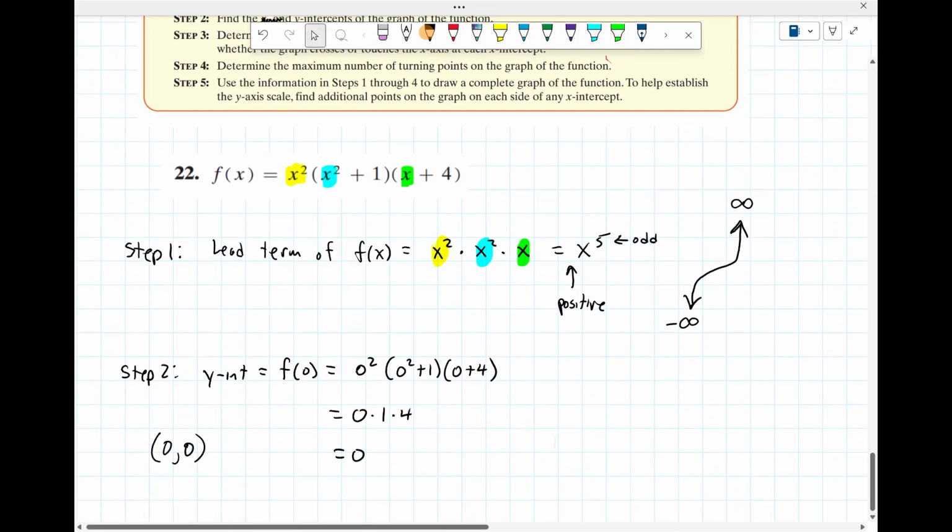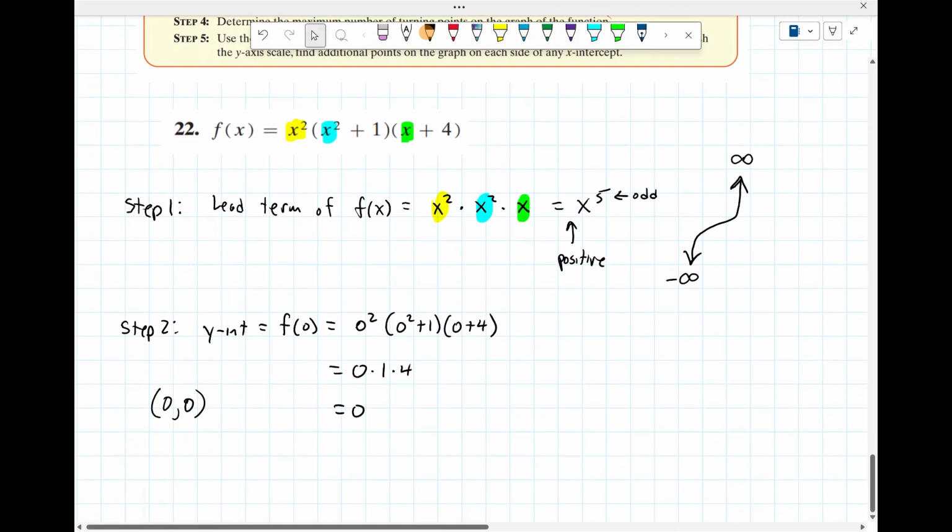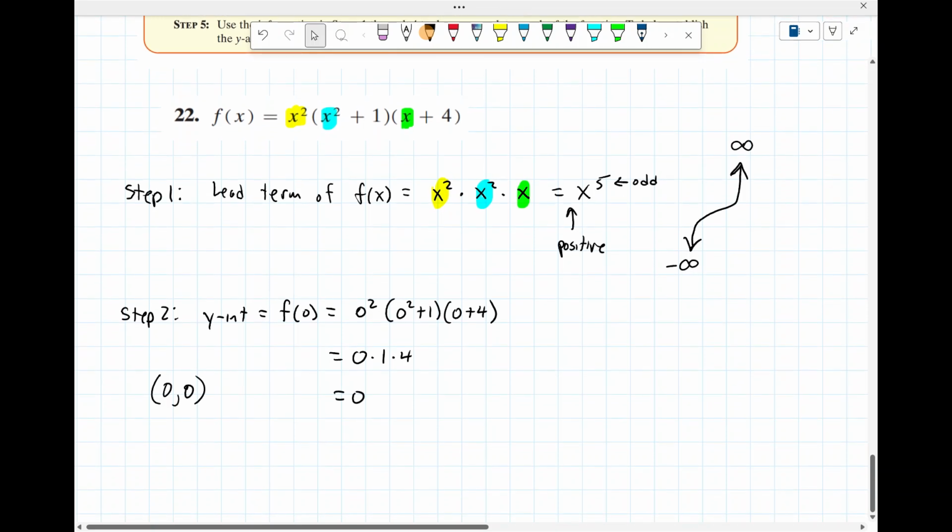All right, next we are going to find the x-intercepts, also known as the zeros, and we're going to find the multiplicity of those zeros.